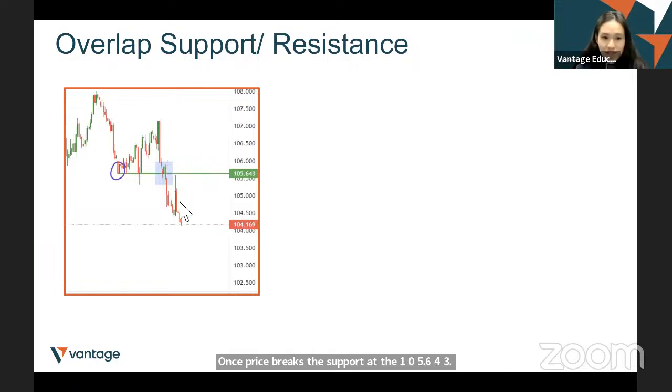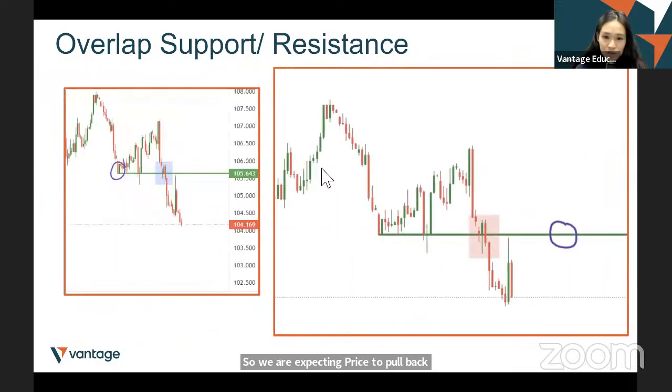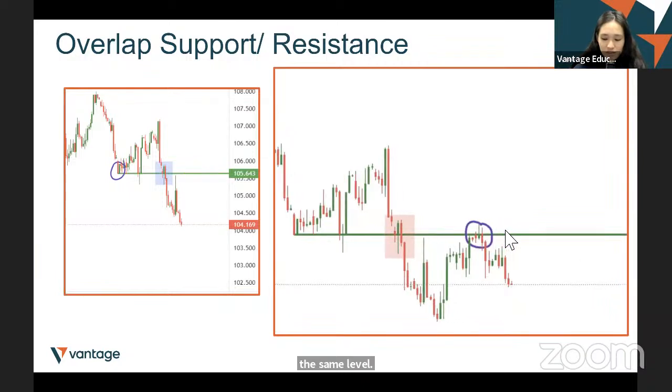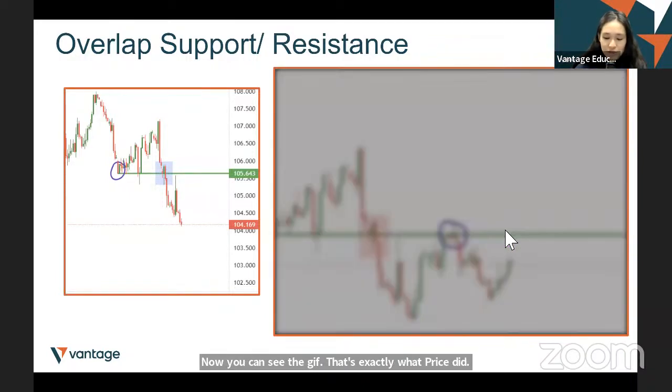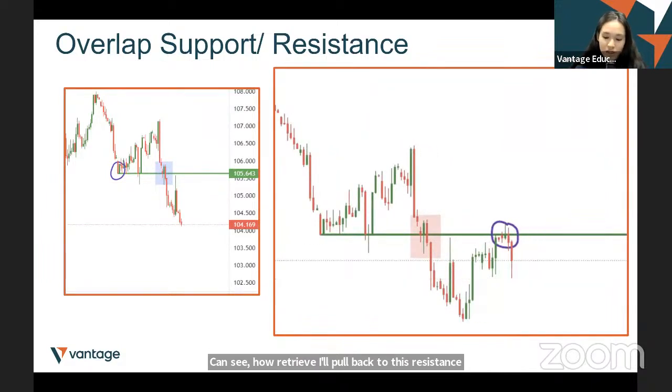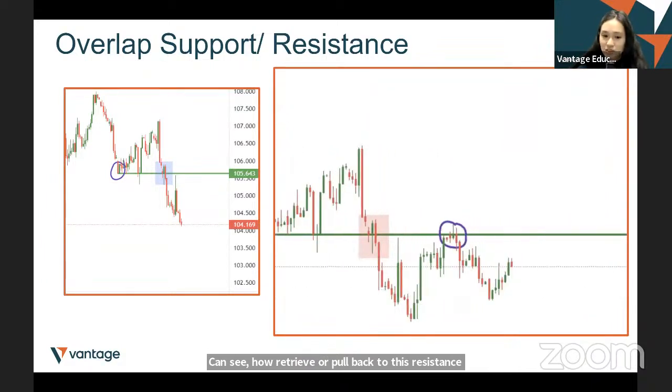So we're expecting price to pull back or retrace to the same level. Now you can see in the GIF, that's exactly what price did. You can see how price retraced or pulled back to this resistance level and reversed off of it, making it now an overlap resistance.